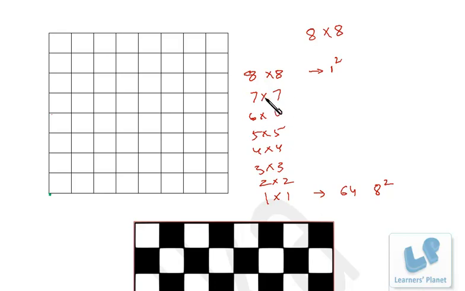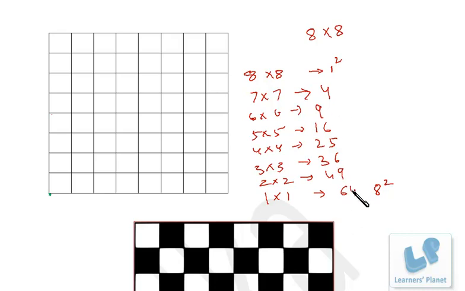So for the number of squares, if you can memorize that, it will be easy. You just write 2 by 2, that's 4, you write over here, right? 6 by 6, that's 9, that's 16, 25, 36, 49 and 64, right?